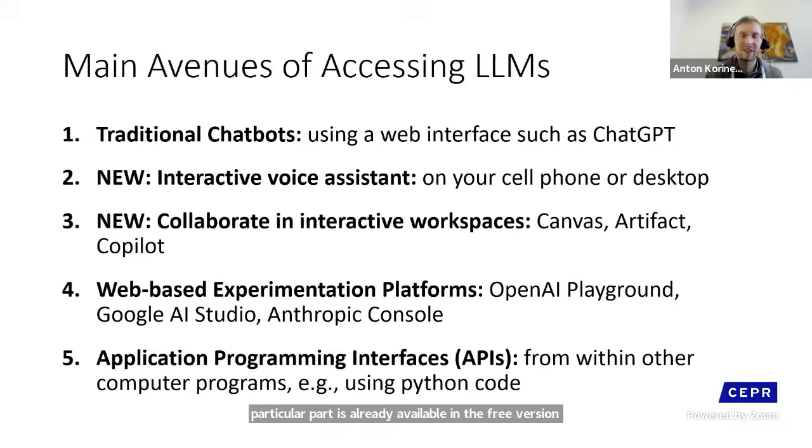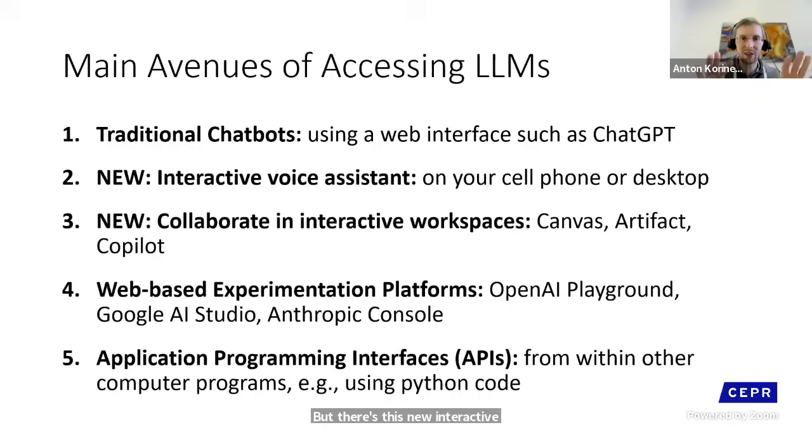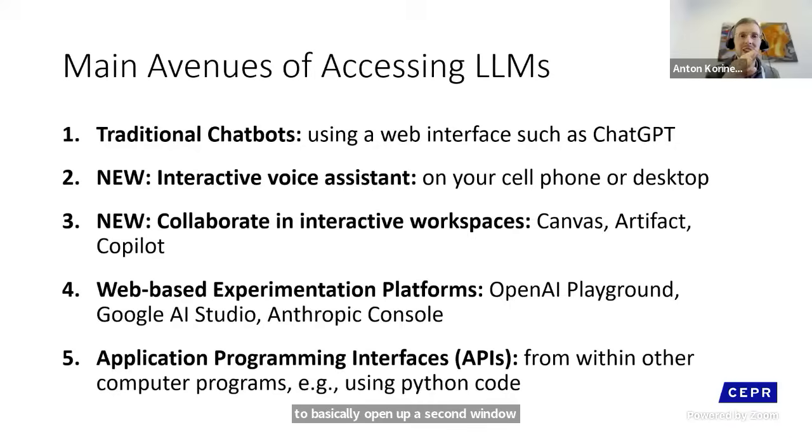But there's this new interactive workspace called Canvas, which allows you to basically open up a second window in your ChatGPT, and you can interact with a given text or program code that you're working on one side and give ChatGPT instructions on the other side.